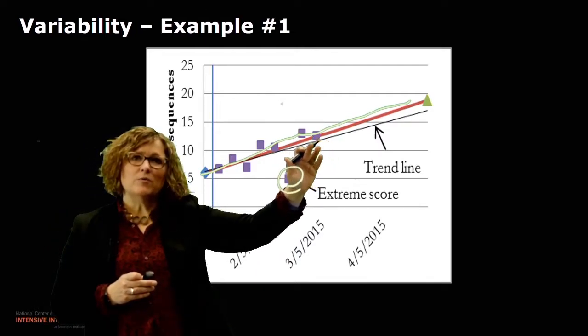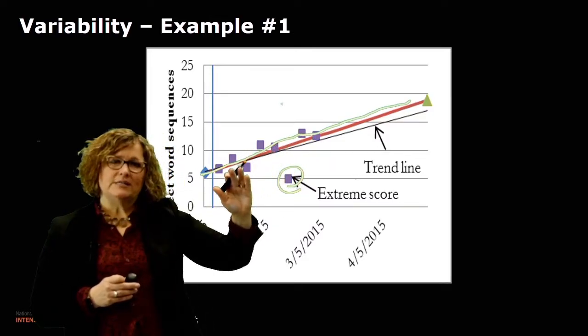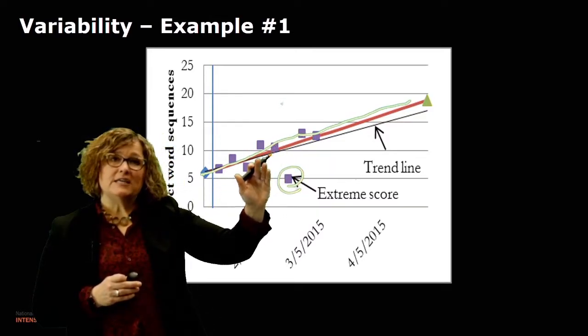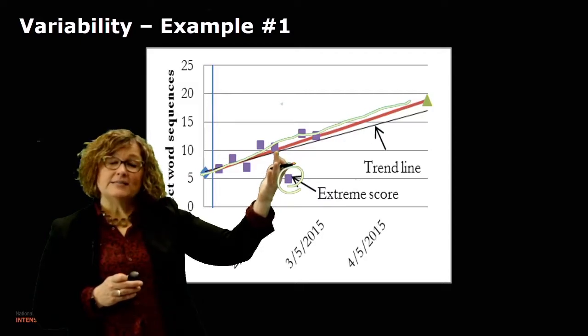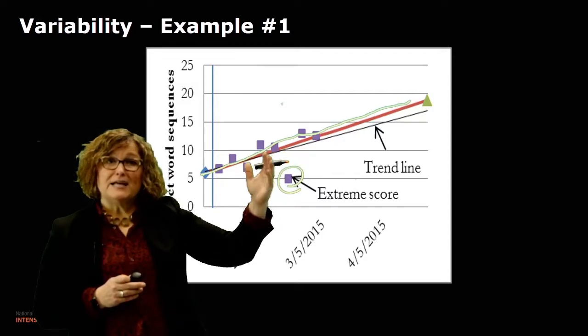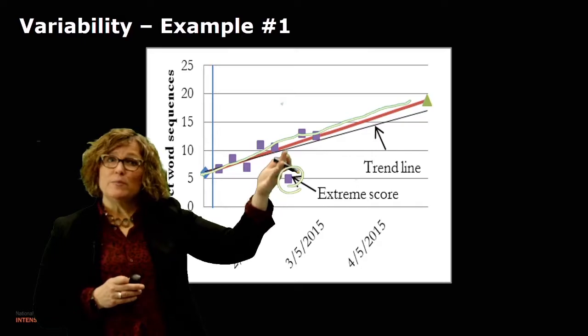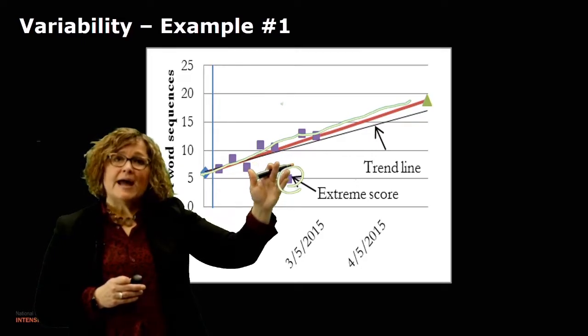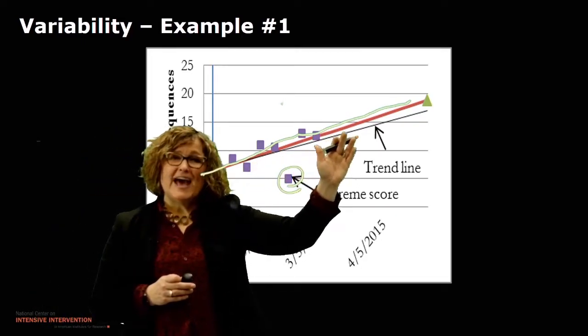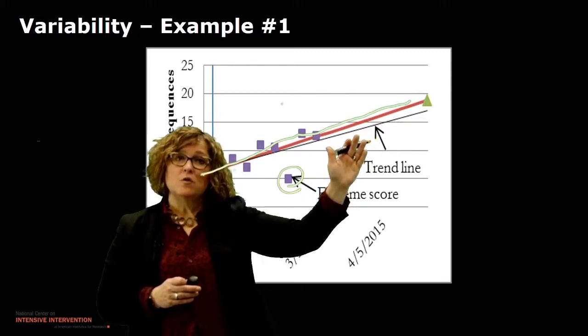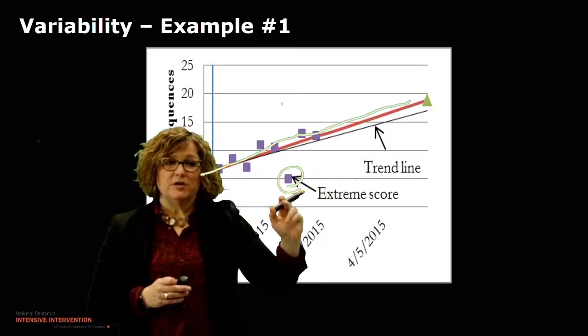In the case where we were looking at just these data points, it was suggesting that we would stay as is, or that at some point in the near future, we might actually raise the goal. Now our trend line is actually pulled down below the goal line because of this extreme score.